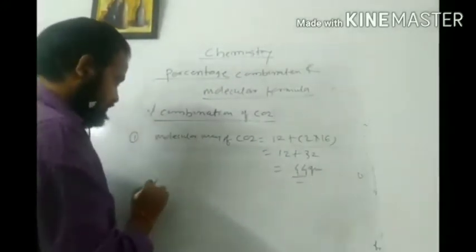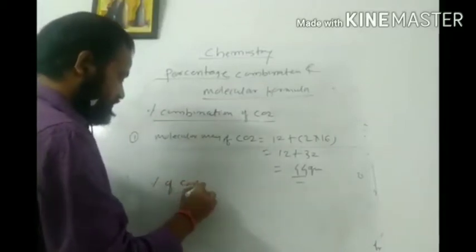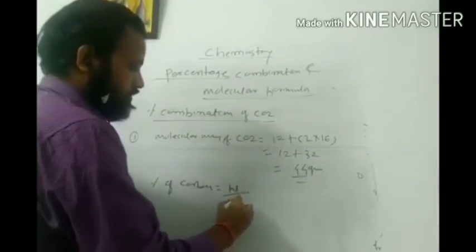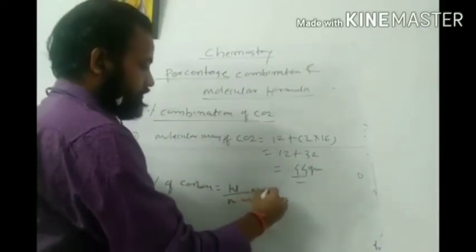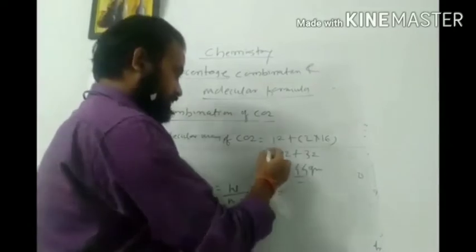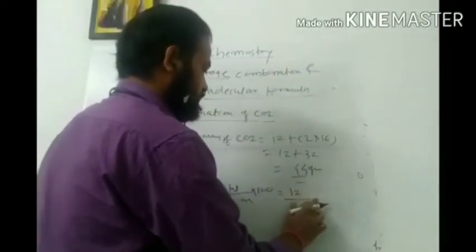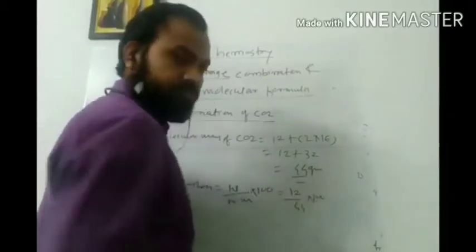Therefore percentage of carbon equals weight divided by molecular mass into 100. So if we put the weight here, it is 12 divided by molecular mass 44 into 100, isn't it?